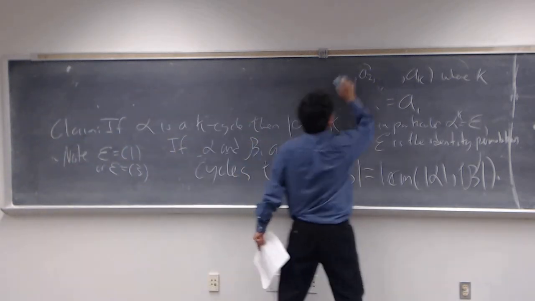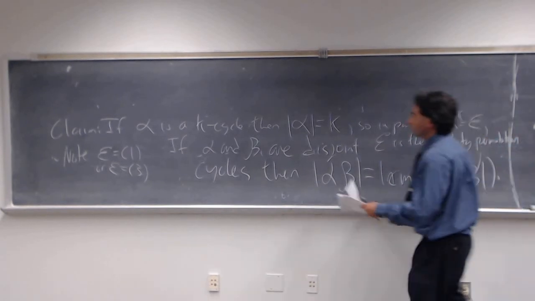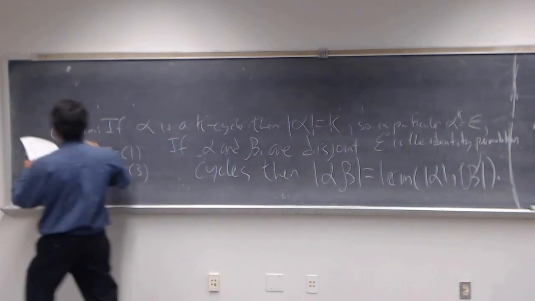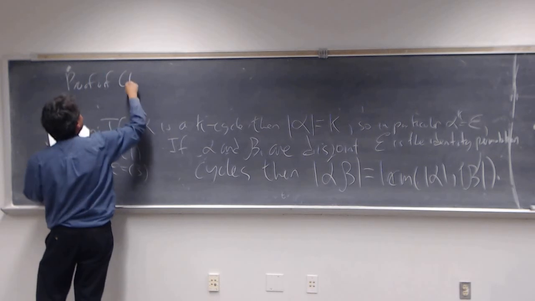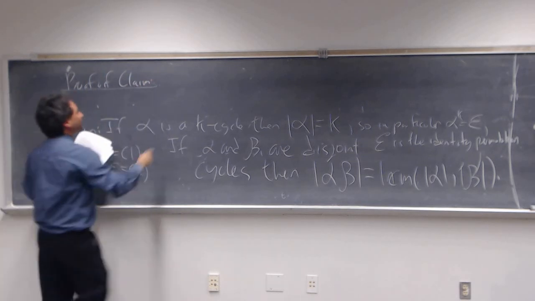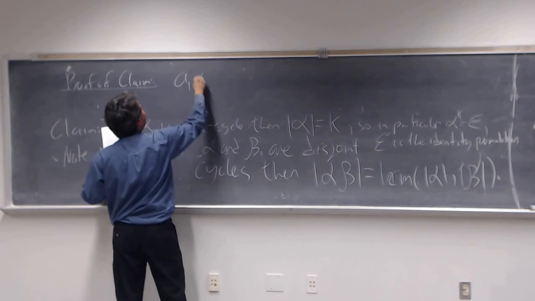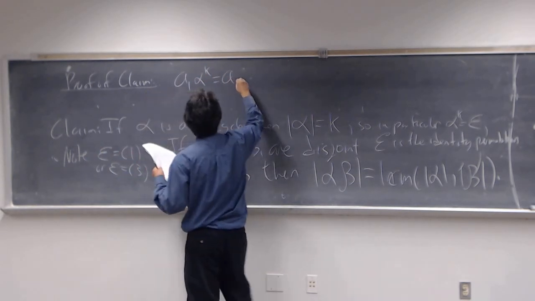So let's maybe just look at the proof of the claim. So again, we've seen that we have A1 alpha to the K equals A1.